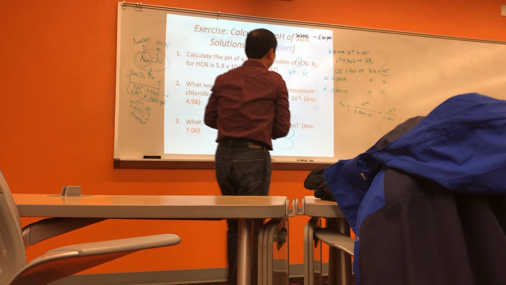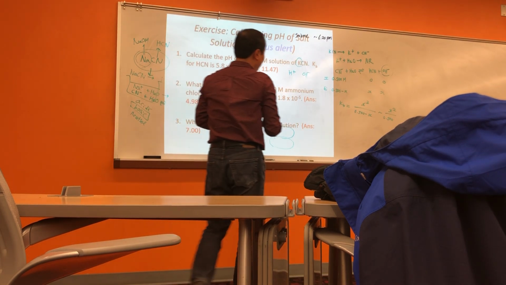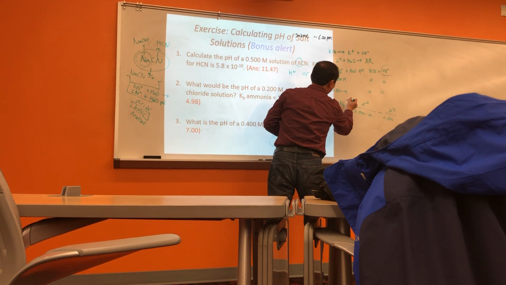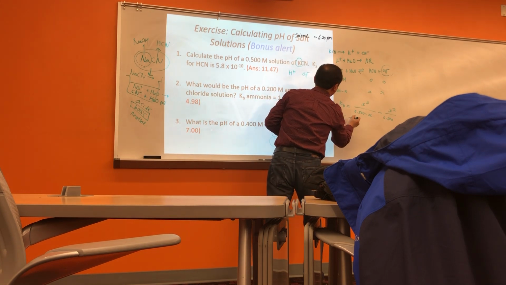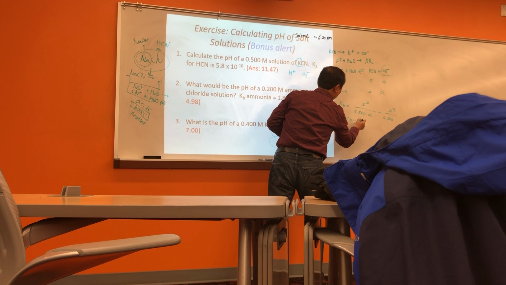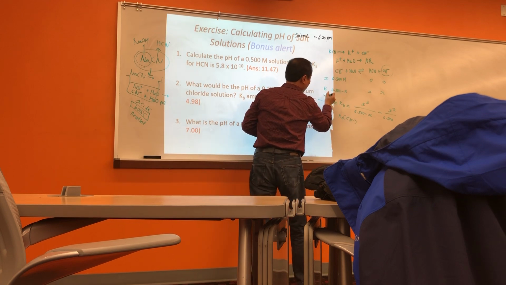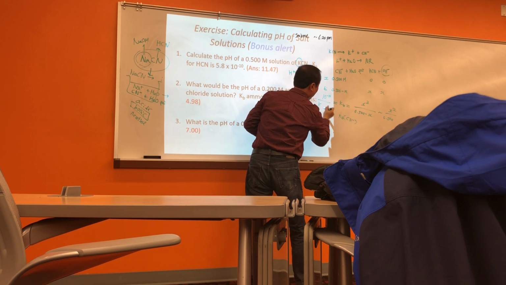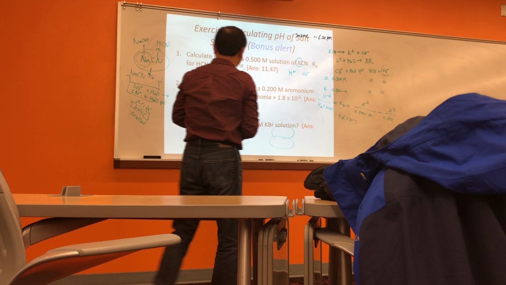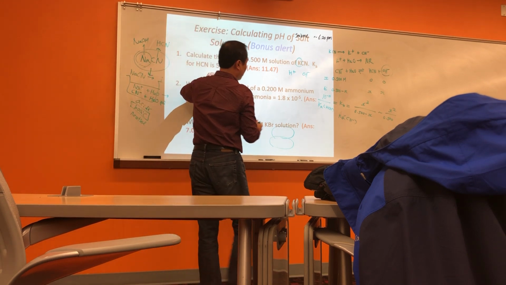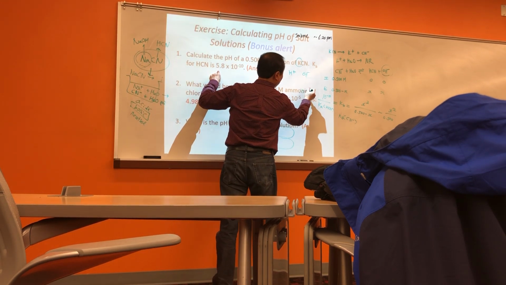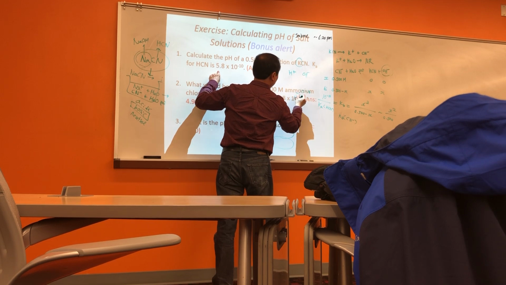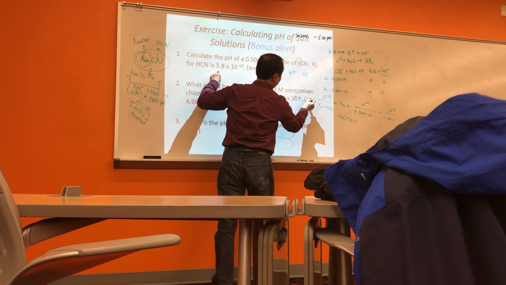Now the Kb value of CN minus is not available in the table, so you're going to have to find it using the relation of Kw divided by Ka of HCN. And then Ka of HCN is this, so 10 to the minus 14 divided by that number.